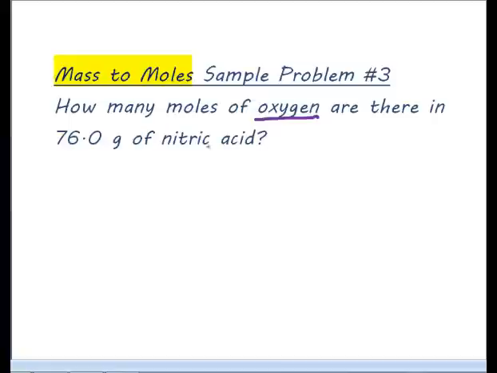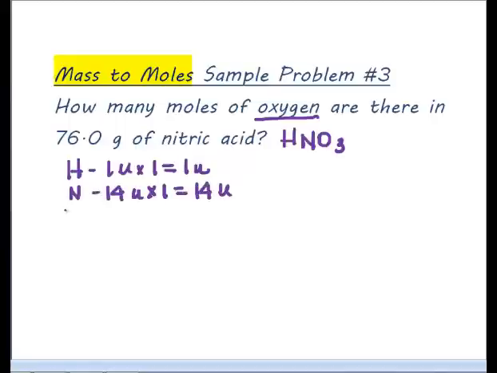So first thing we need to do, since again we're dealing with a chemical compound, of course, is write the formula. And the formula of nitric acid hasn't changed. It's still HNO3. And because the next thing I need to do is to calculate the formula mass, I'm going to do that in rather fast motion. Once we have our formula mass calculated, let's do what we always do, convert to moles.